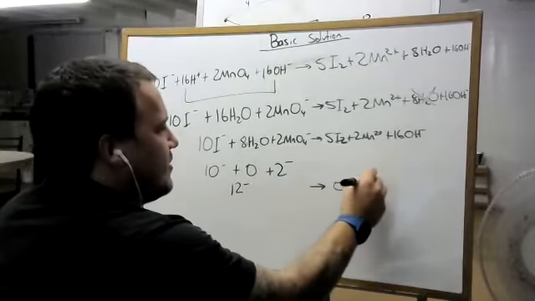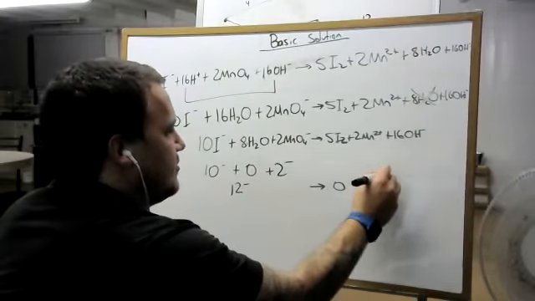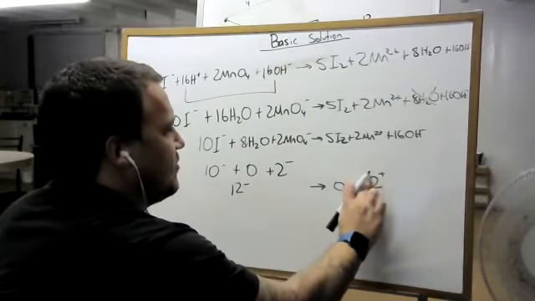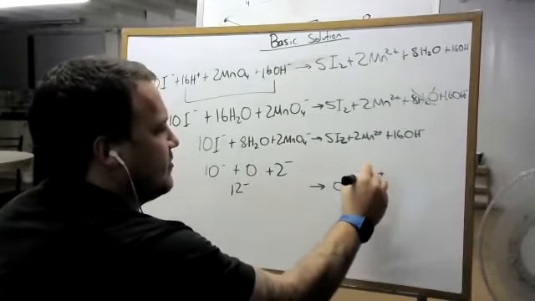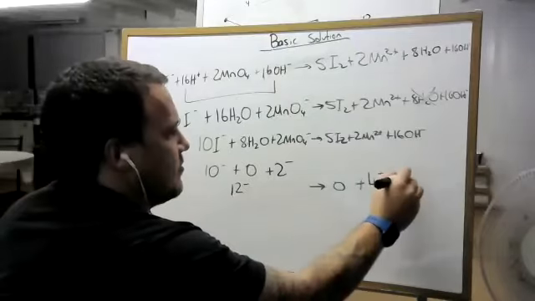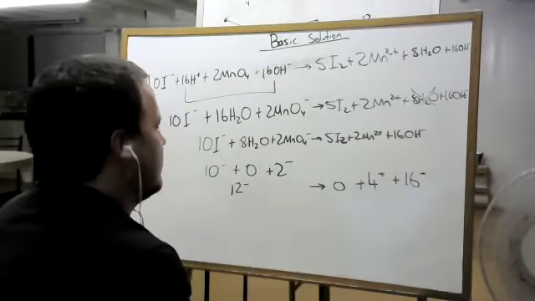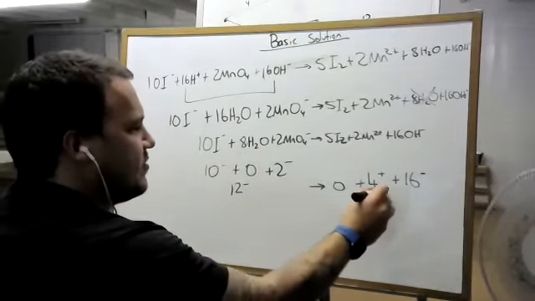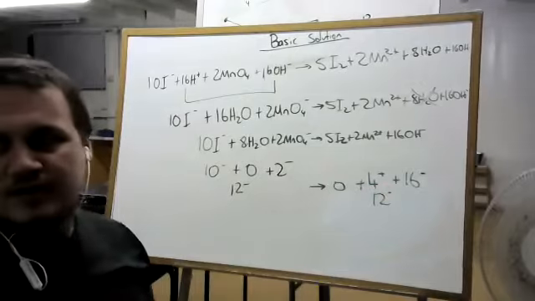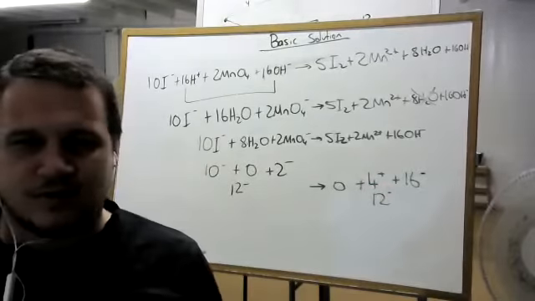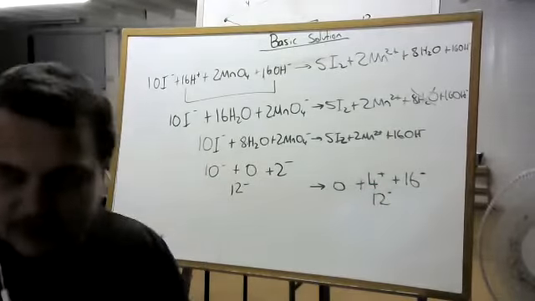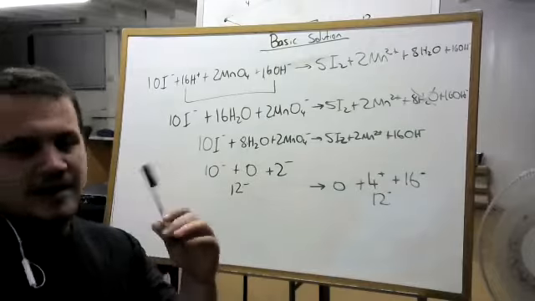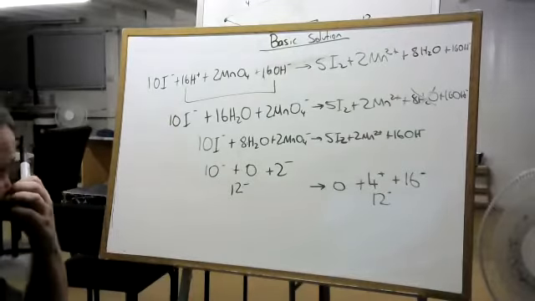Plus 0 plus 2 plus, but there's 2 of them, so it's a 4 plus. So we have 12 minus on both sides. So now our equation is balanced in an acidic and a basic solution.